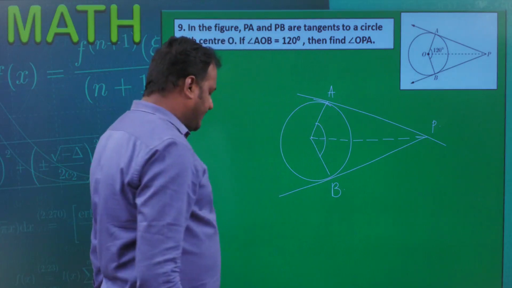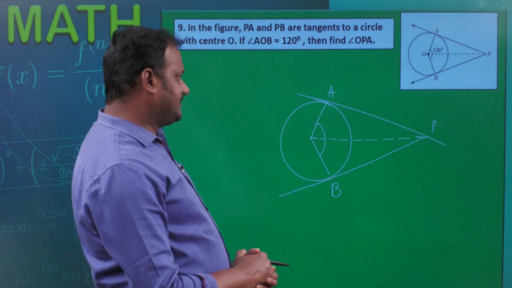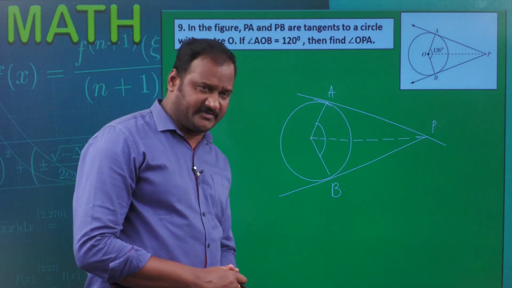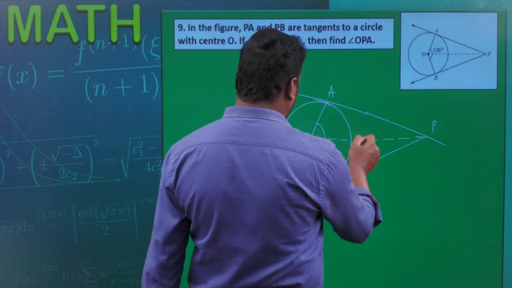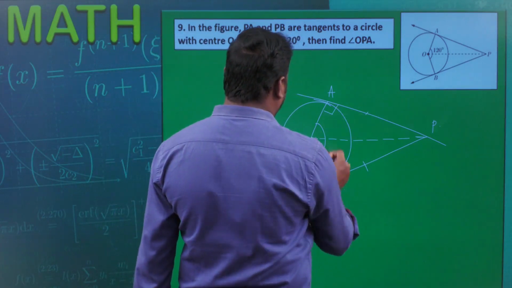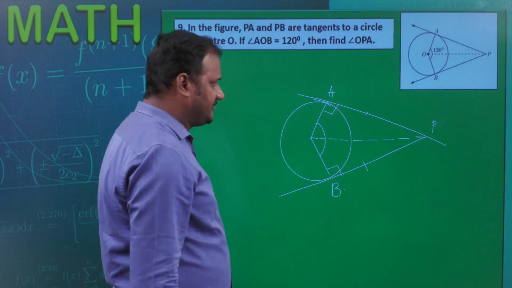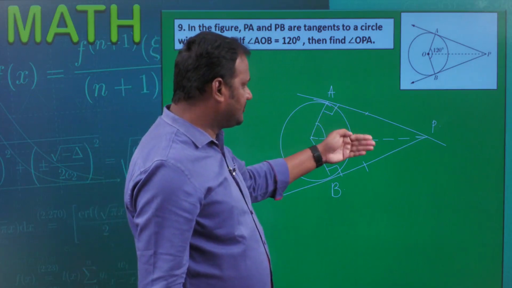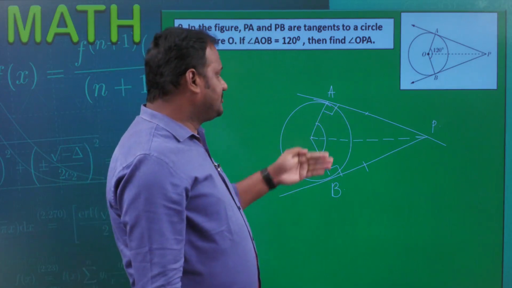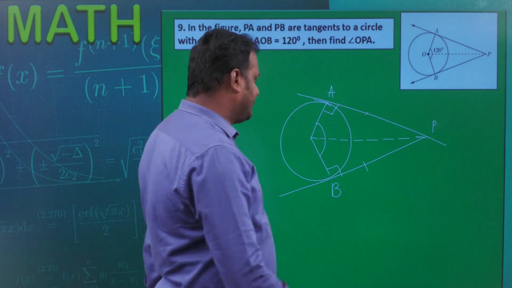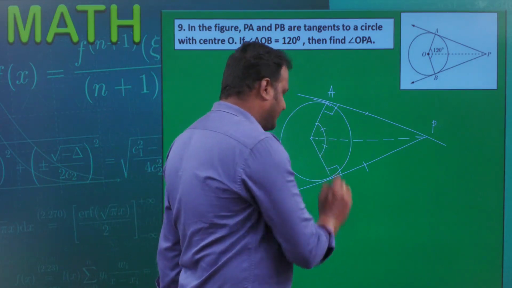See, according to the properties of tangents, lengths of tangents drawn from an external point of a circle are equal. These two are equal. In order to prove that the lengths of tangents drawn from an external point of a circle are equal, we proved these two triangles are congruent. Since these two triangles are congruent, by CPCT this angle is equal to this angle.